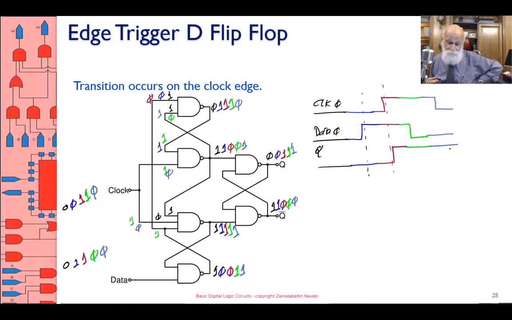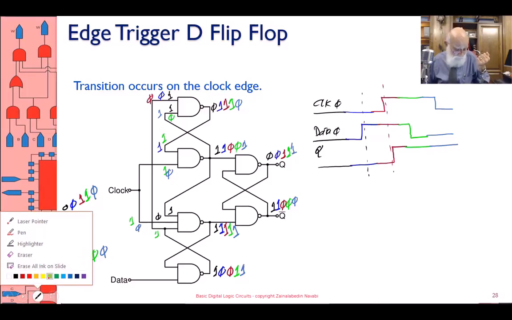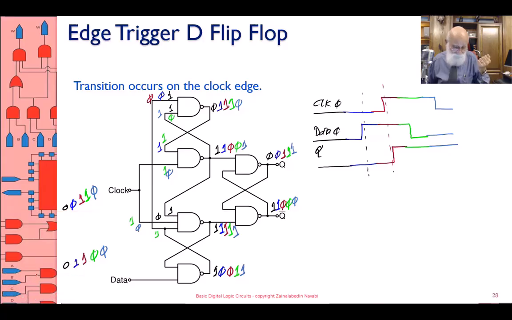What you're really saying is that the only time my D input value is taken seriously is when the clock is making a 0 to 1 transition. Okay? This is the only time that the value of D is taken seriously.